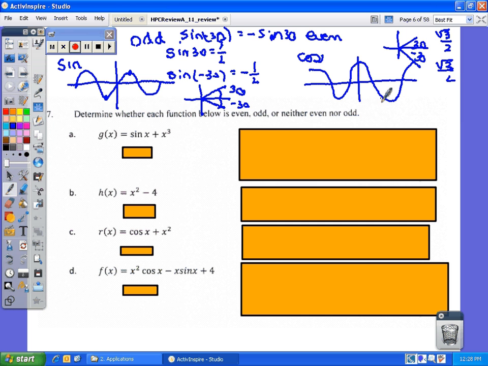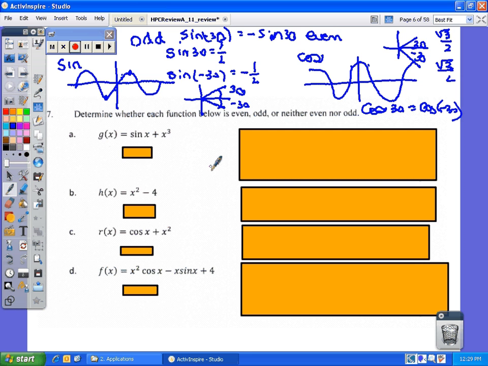So the cosine of 30 is equal to the cosine of negative 30, because let's say this is 30 and negative 30. They both have a positive value, whereas 30 here and negative 30 have opposite signs for their value. So that's the algebraic look at the even-odd situation, and also if you think of the unit circle, that's another way of looking at it graphically.